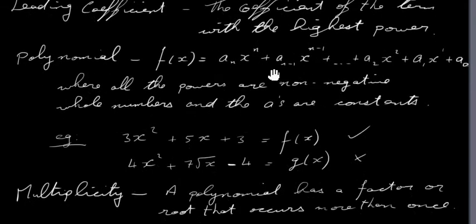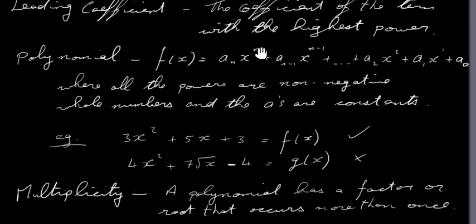Now, a polynomial will look like this here. It's a function, we'll call it f, f of x, and it will be some number times x to the power of some number plus another number times x to the power of another number plus, and so on and so on. You'll have a number times x squared, a number times x to the power of 1, and then some number at the end here. Now, all the powers that we're going to look at here will all be non-negative.